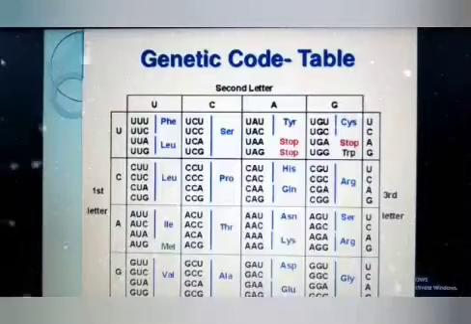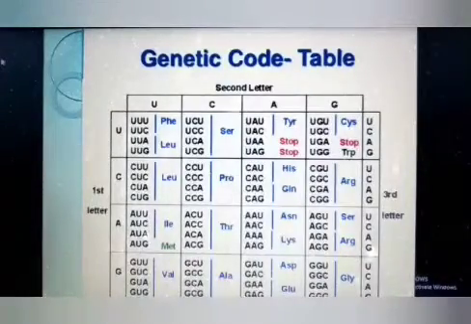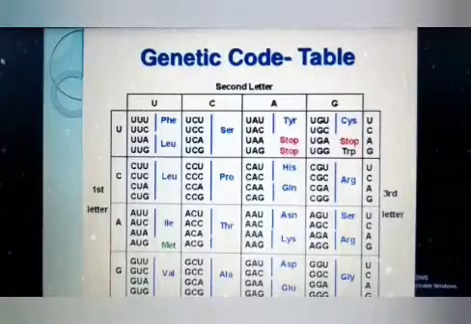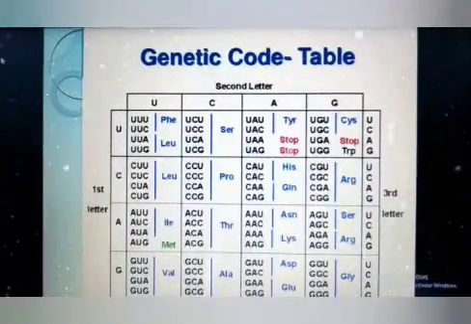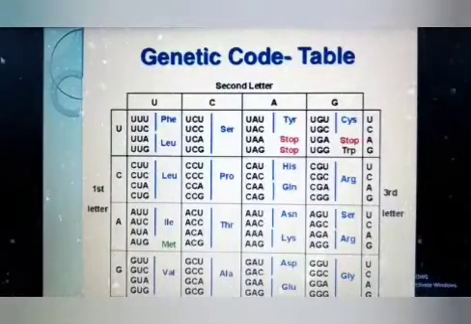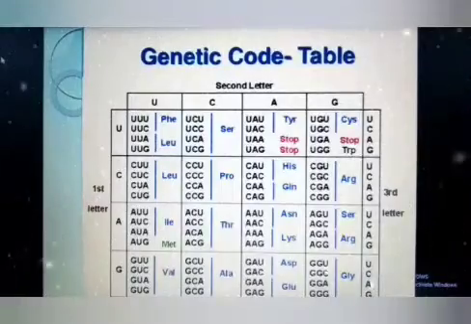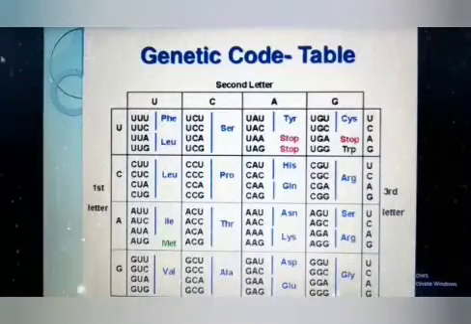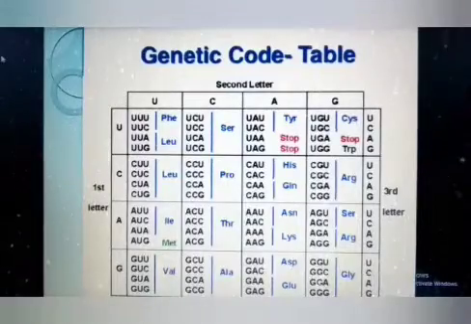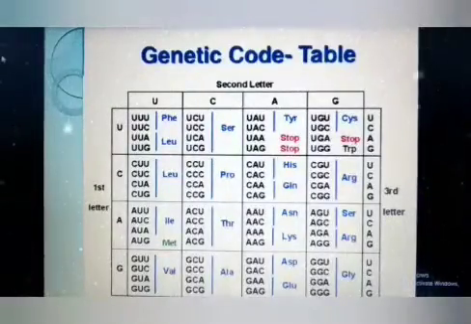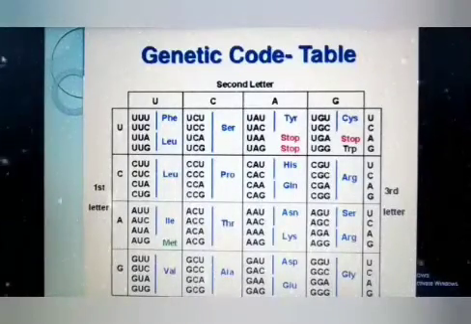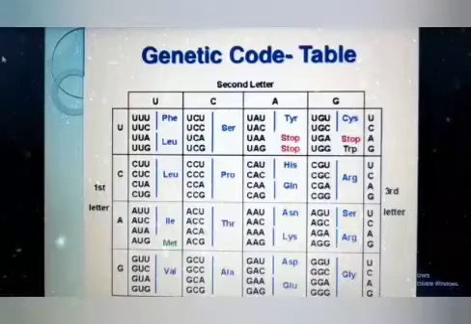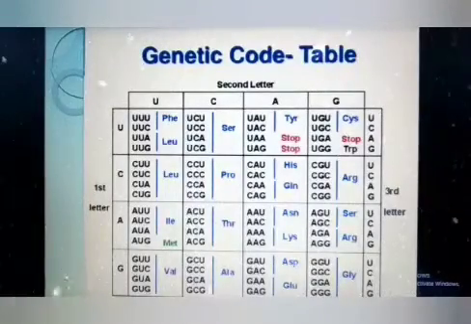The first letter is U, C, A, G. The second letter is U, C, A, G, and the third letter is also U, C, A, G. But in the third letter, take 4 parts: U, C, A, G, repeated in each box. In the first box, U, U, U codes for phenylalanine. And there are 3 stop codons present: UAA, UAG and UGA.